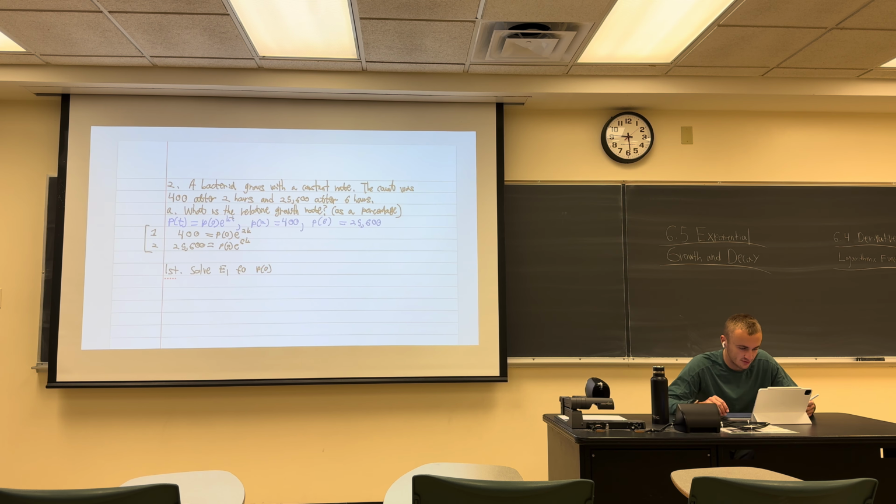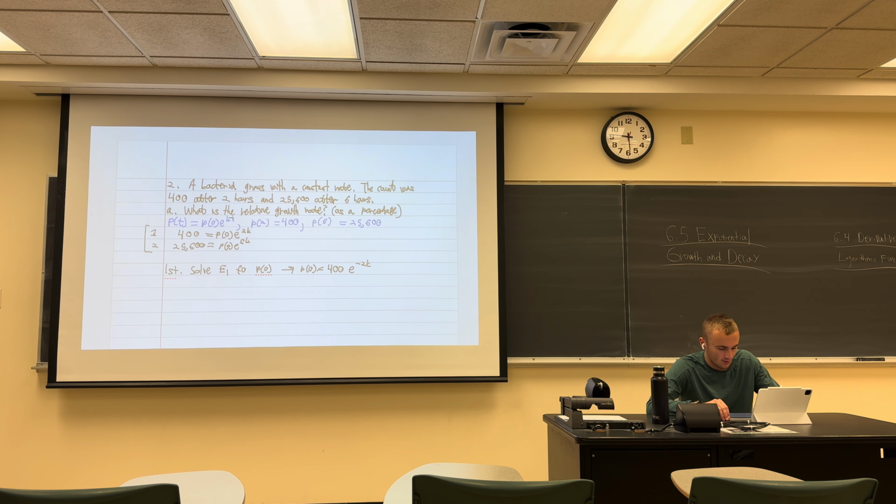And we can easily do that such that p of 0 equals 400 e to the negative 2k. And now we can plug this value in, because we know p of 0 equals this, and we can plug that in for that other equation.